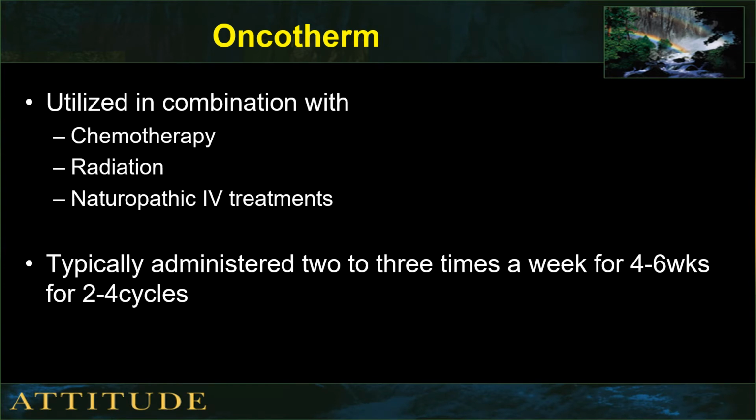Most of the research and clinical studies that have been done adhere to this specific frequency. What I've seen in some of those papers is that a lot of the impact seems to be around that 2nd to 4th month period, or that 2nd to 4th cycle, with patients coming in 2 to 3 times a week.